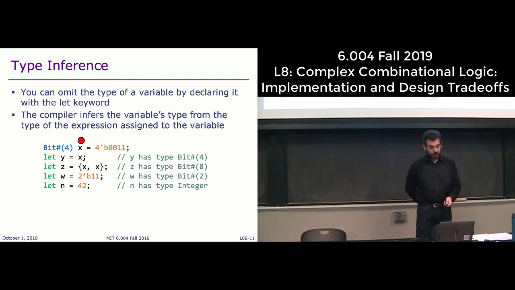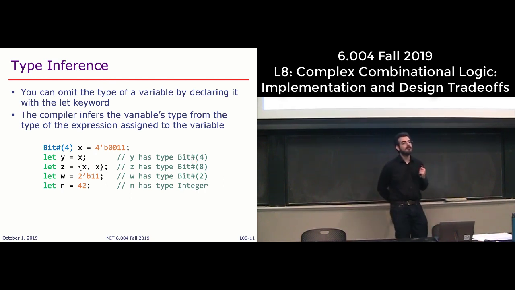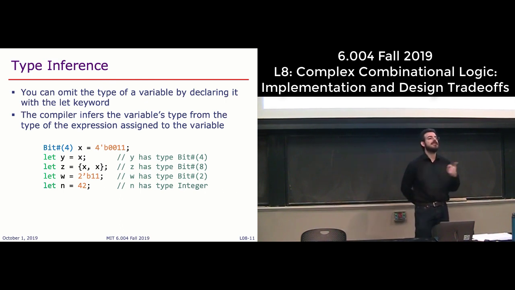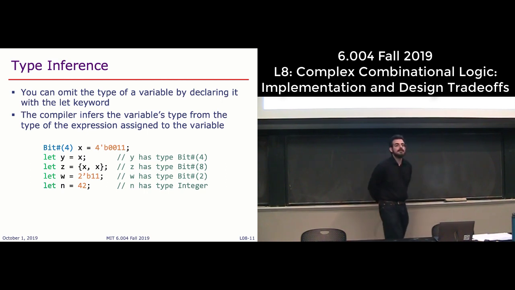So for example, here, we declare x to be a Bit#(4) variable, and then if you say let y = x, the compiler deduces, well, y must have type Bit#(4). So this is just saving you typing. You can do this with more complex expressions. So if you concatenate x with x, then c will have type Bit#(8), and so on.